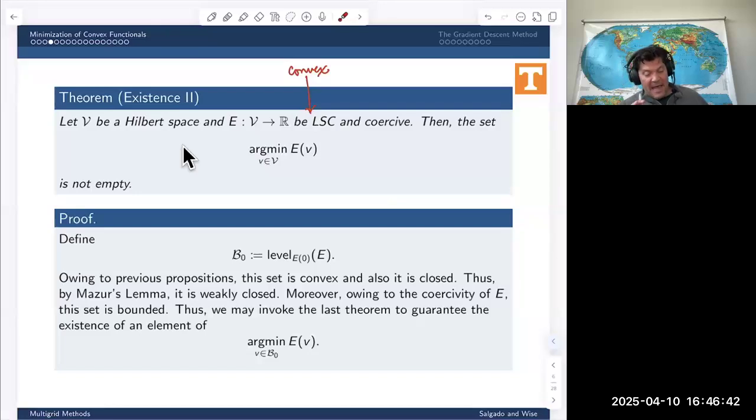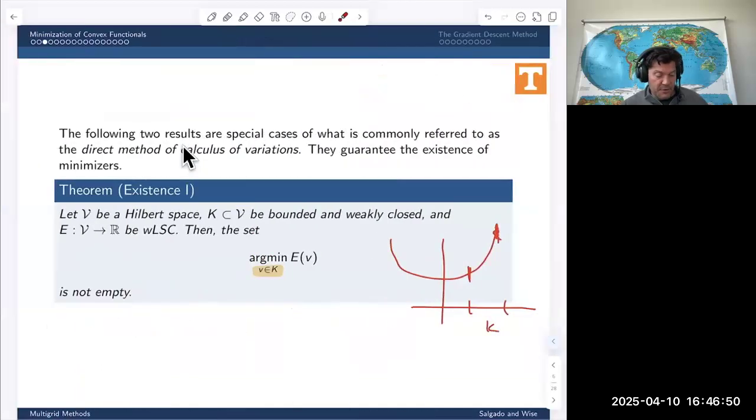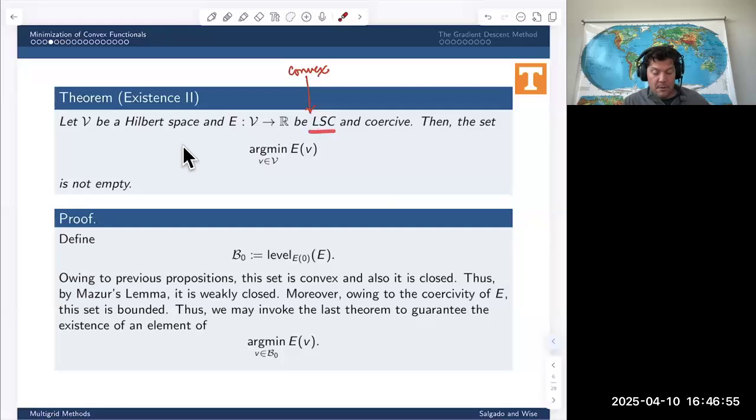When we add the coercivity and the convexity that we didn't have in the last case, and we're also strengthening the lower semi-continuity to be strong instead of weak, then we can guarantee that we have a minimizer for this problem.